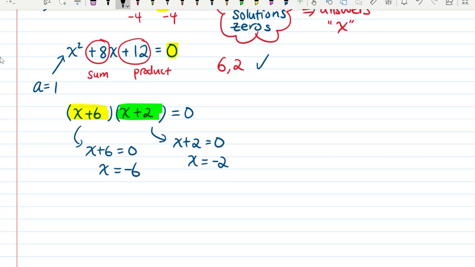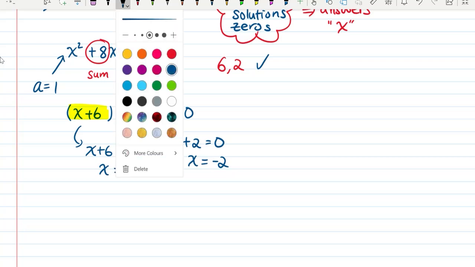The reason that we're separating the two sets of brackets into two equations is because these two brackets represent the product. So when you have two numbers multiplying to equal 0, that means one of the factors must be 0. So that's what we're doing here.